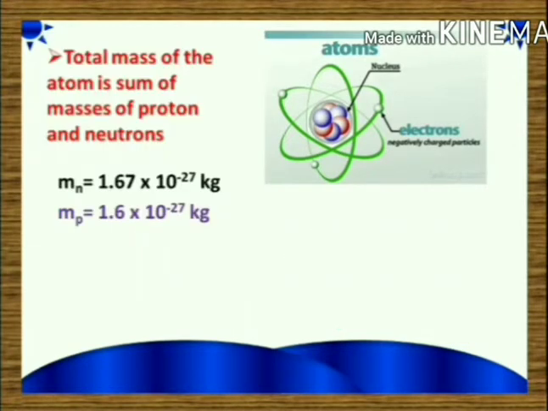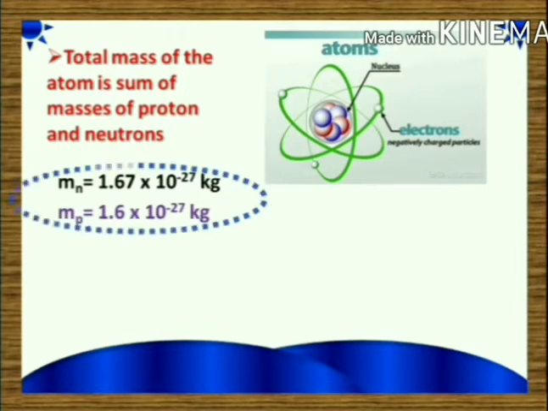The total mass of the atom is attributed to the mass of protons and neutrons. Proton mass is 1.6 × 10^-27 kg and neutron mass is 1.67 × 10^-27 kg. The masses of proton and neutron are almost equal.